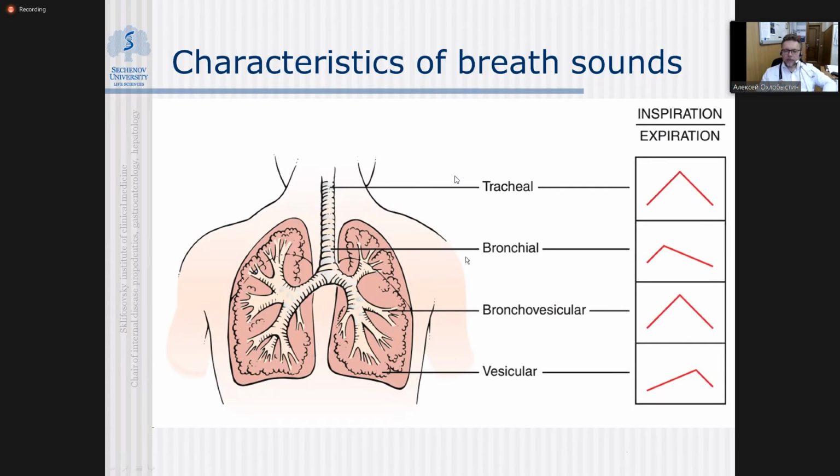If you are able to hear the inspiration and all the way of exhalation, which may be slightly longer than the inspiratory phase, that is bronchial breathing. Tracheal breathing has more or less equal inspiratory and expiratory phases and will be quite loud in comparison to bronchial breathing.